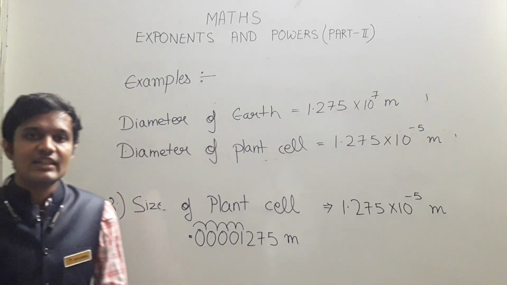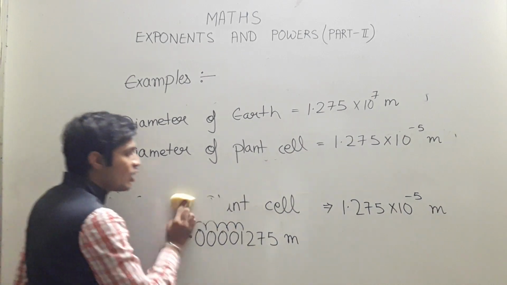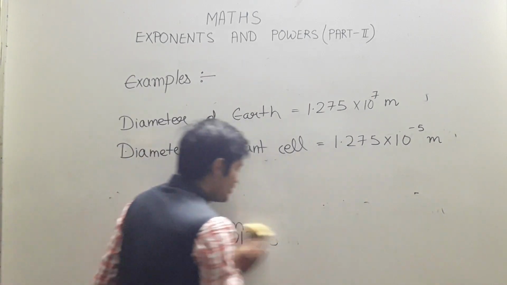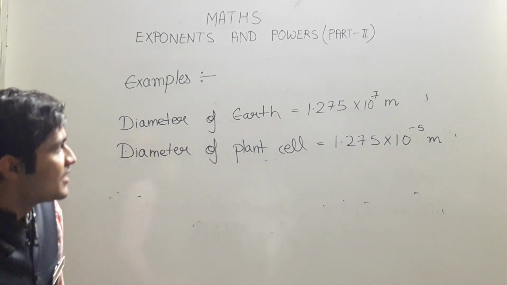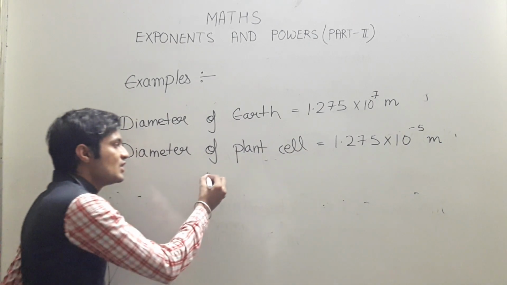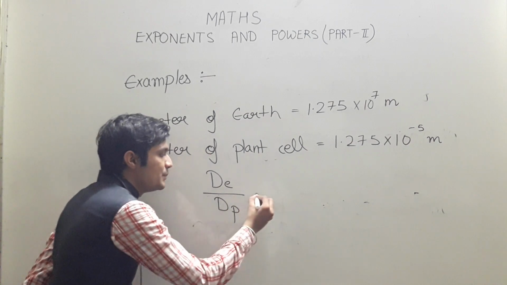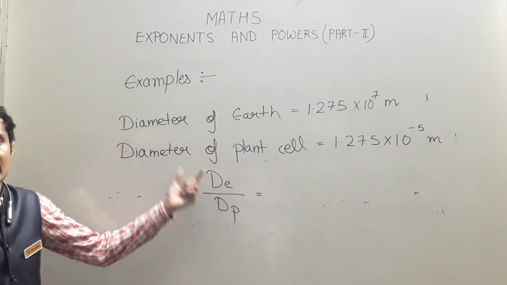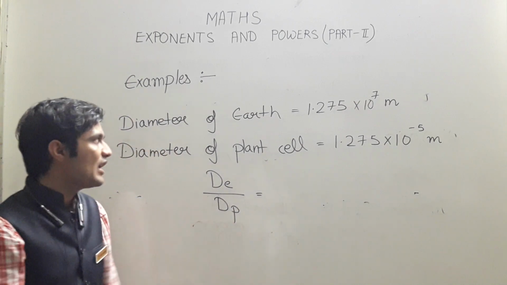Now we can easily compare them if both numbers are in standard form. If we want to compare these two values, we can simply divide the first value by the second value. So I can write dE upon dP, where dE represents the diameter of earth and dP represents the diameter of plant cell.